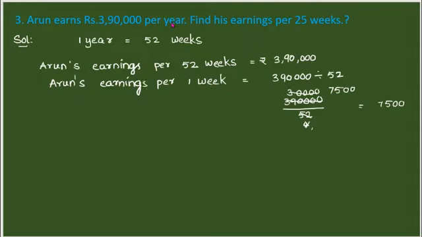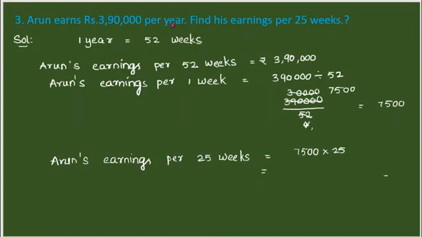Now we need to find per 25 weeks. Therefore, for 25 weeks, 7,500 must be multiplied by 25. First division, then multiplication. Now let us multiply here. 7,500, directly 25 5s are 125.